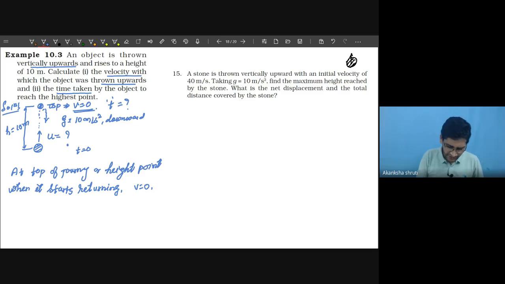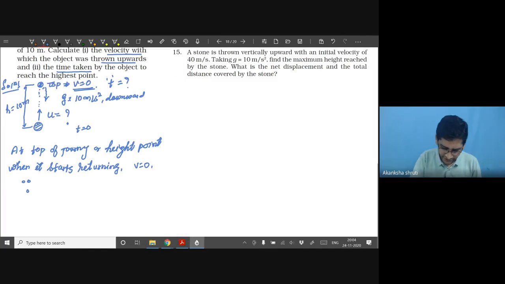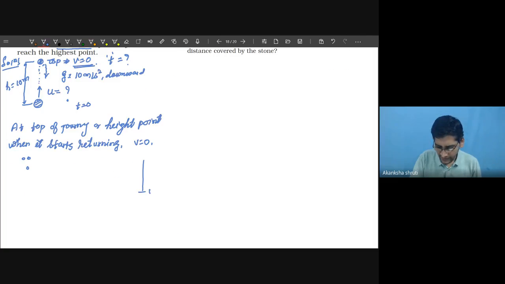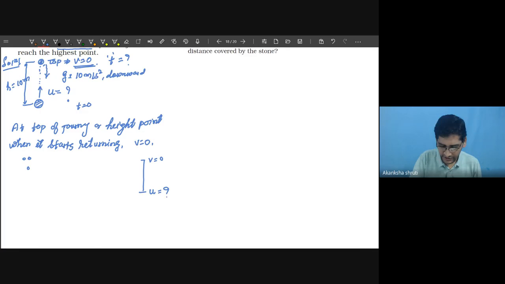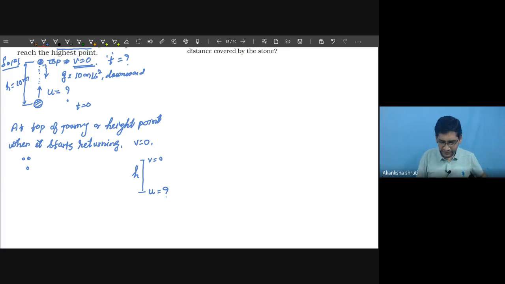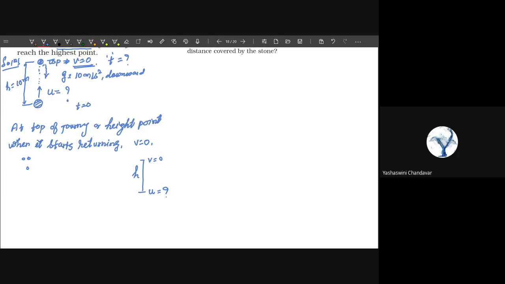Now, write down the formula, what is applicable? We have this situation like this. Initial velocity u we need to calculate, and finally it is able to reach a certain height h. So what is the formula which is relating u and v? That is u square minus... Very good.